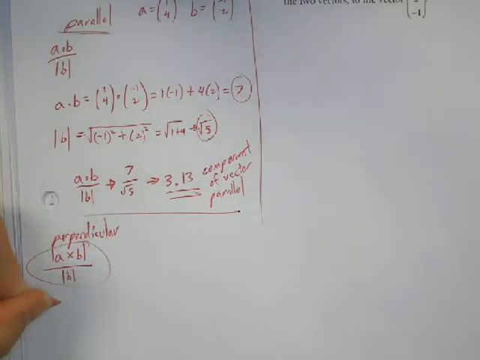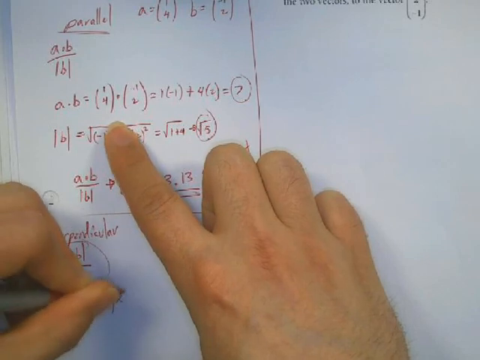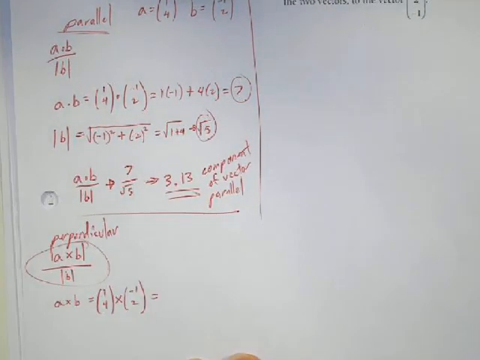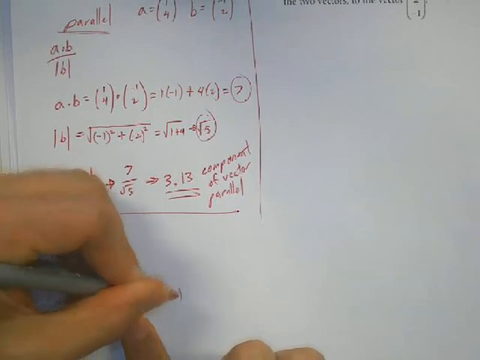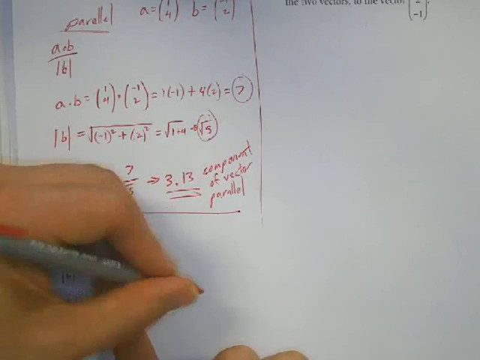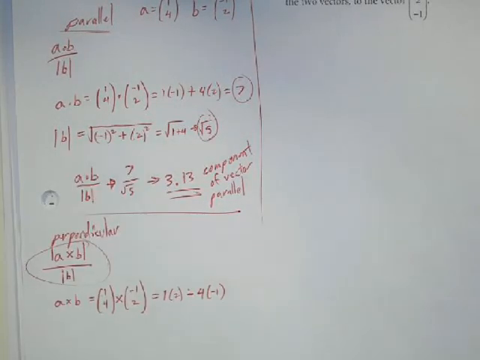The cross product of 1, 4 cross negative 1, 2 gives me 1 times 2 minus 4 times negative 1.